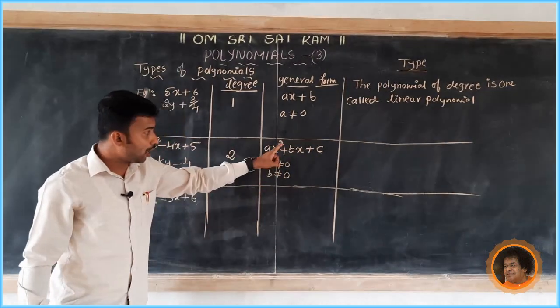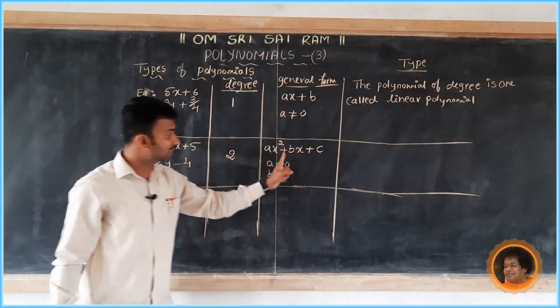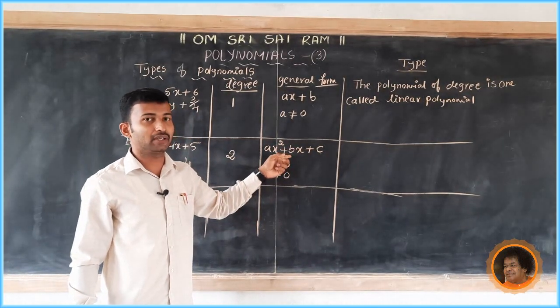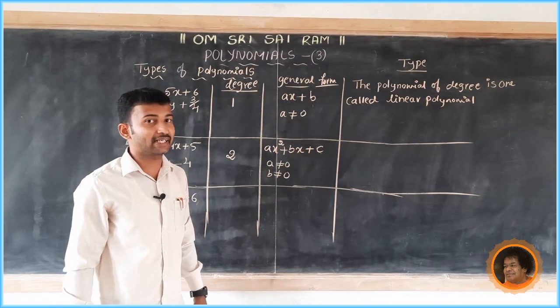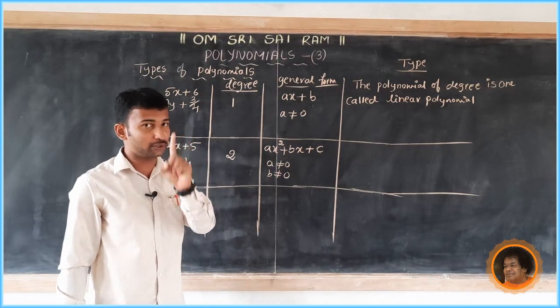The degree of this polynomial is 2. So, this is the polynomial which is an example for quadratic polynomial. So, what is quadratic polynomial? Power is 2 or degree is 2.